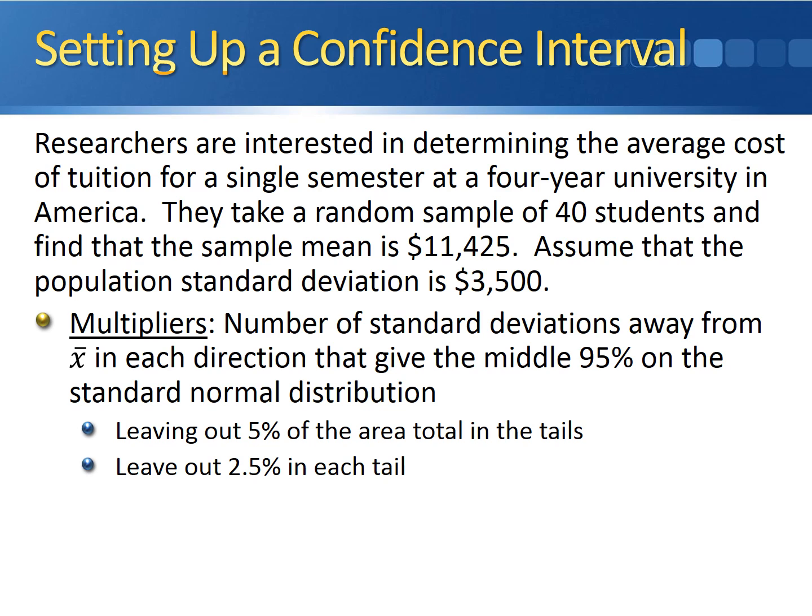This means we're leaving out 2.5% of the area in each tail because the standard normal distribution is symmetric. So we need the 2.5 percentile and the 97.5 percentile.